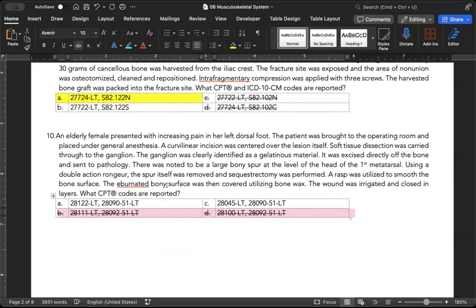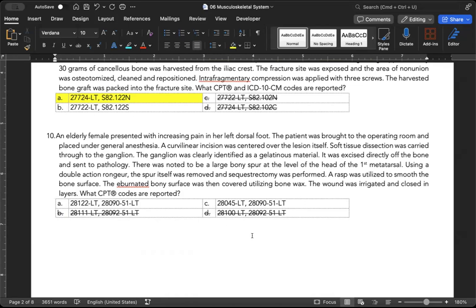So we are going to rule out the 92s. Now we need to decide, do we need 28045 or do we need 28122? 28045 is an excision, tumor, soft tissue of foot or toe, subfascial, less than 1.5 centimeters. 28122 is a partial excision of a bone, and that's tarsal or metatarsal bone except for talus or calcaneus.